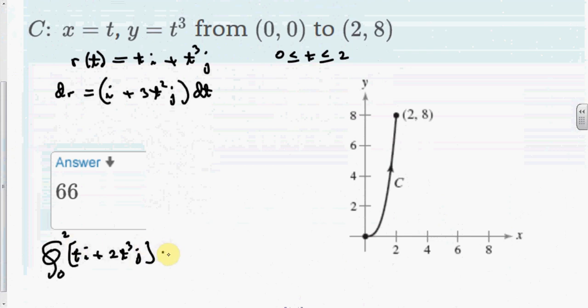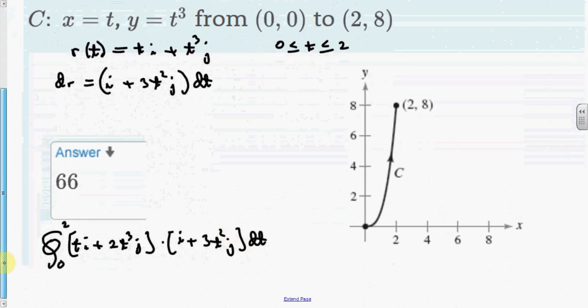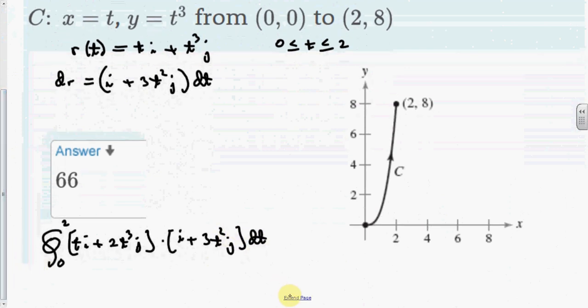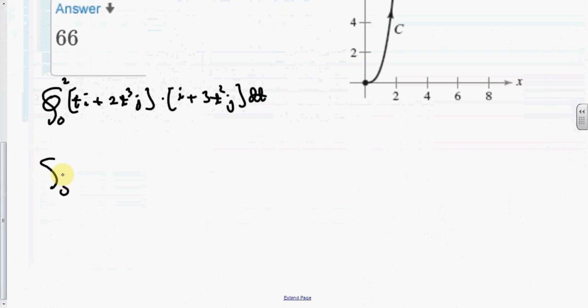Times the dot product for dr, that is i plus 3t squared j dt. If we do the dot product, we get t plus 6t to the fifth dt.